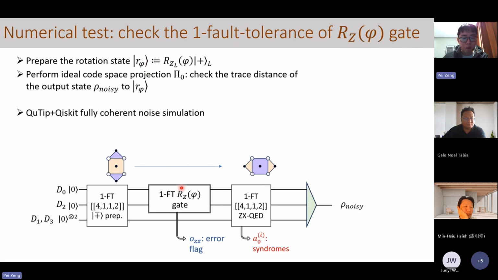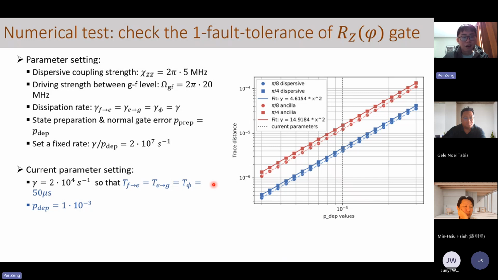We run this numerical circuit, and we use Stim and Qiskit to run a fully coherent dynamic procedure of this process. We have shown that under reasonable experimental parameters, and also under a practical noise model based on superconducting qubits, the errors can be suppressed to the second order.